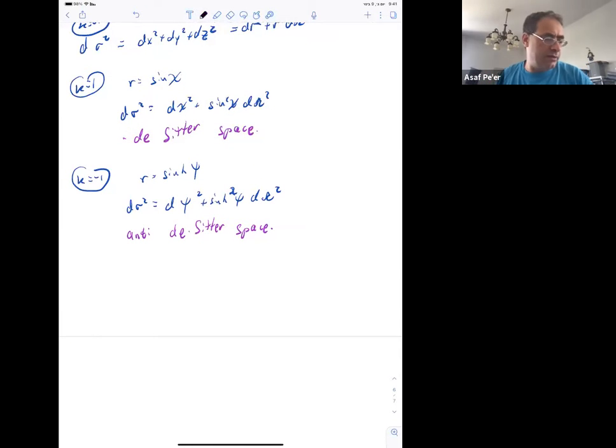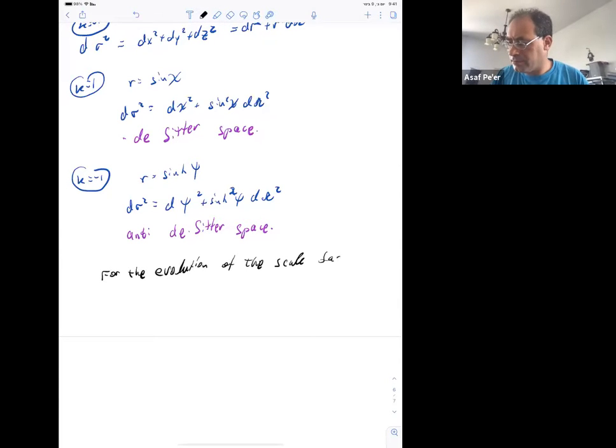And then after some algebra, for the evolution of the scale factor, we had to plug this metric into Einstein's equation.